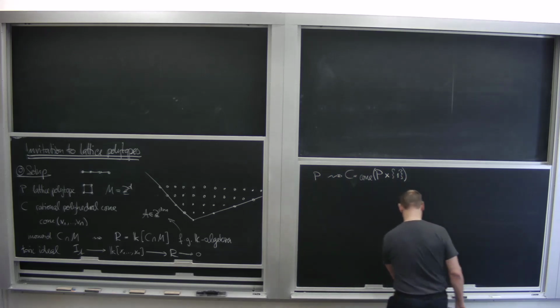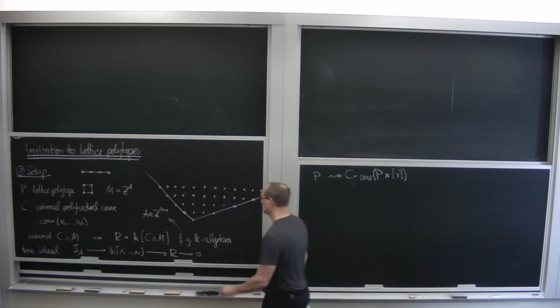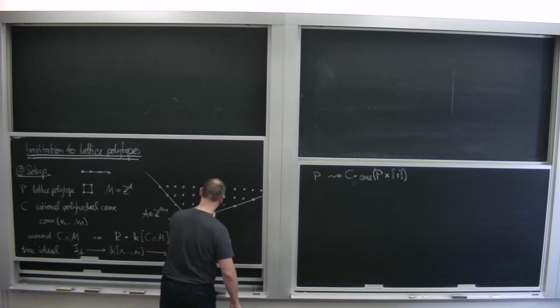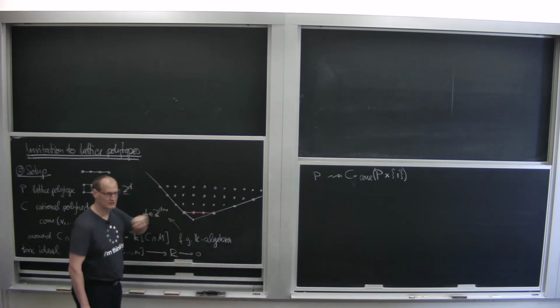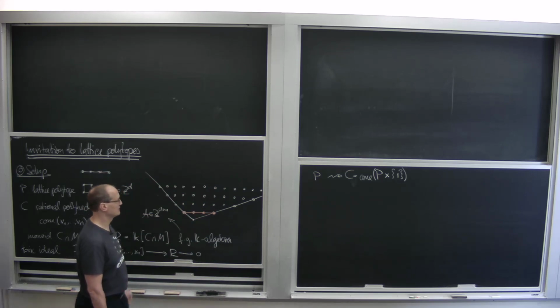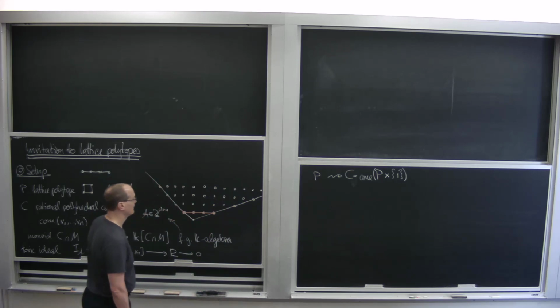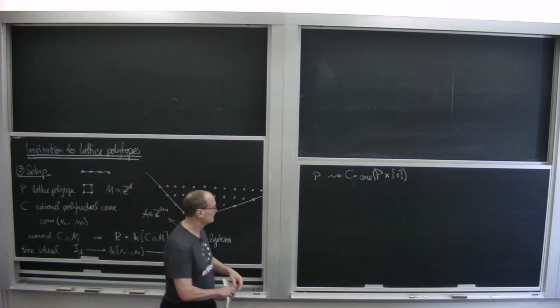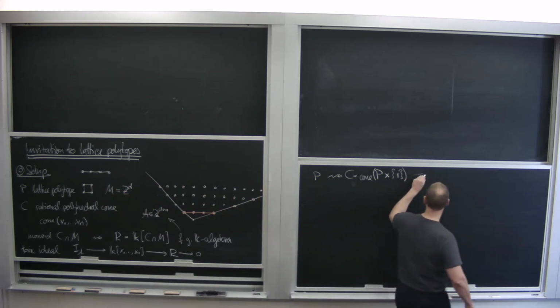This is something that I've done here. This is the cone over my running example, the interval of length 3, lifted to height 1. And then look at the cone. And this gives me a natural grading of the ring.